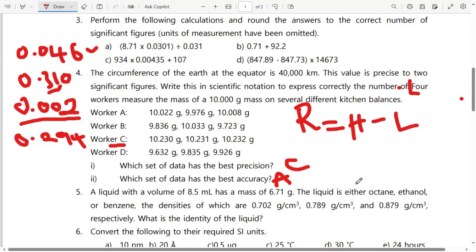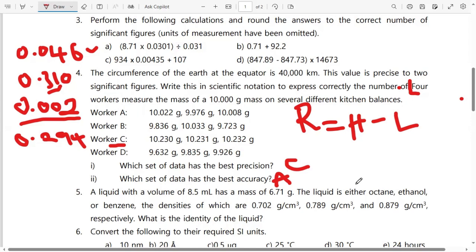I have a question. You can't just go by looking at the figures given there, like for A, 10.022, 9.976, 10.008? You can't go by just looking at the numbers without finding the average?